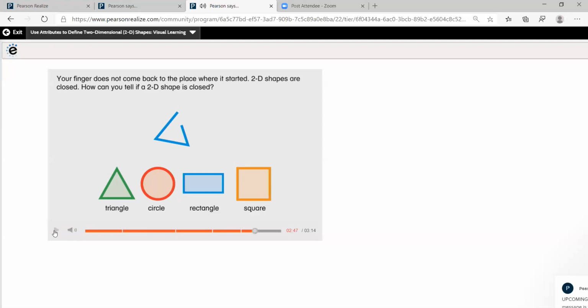When you trace this shape, your finger does not come back to the place where it started. 2D shapes are closed, like the triangle, circle, rectangle, and square below. How can you tell if a 2D shape is closed?